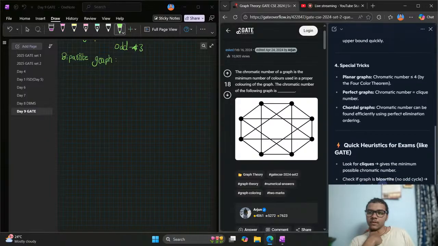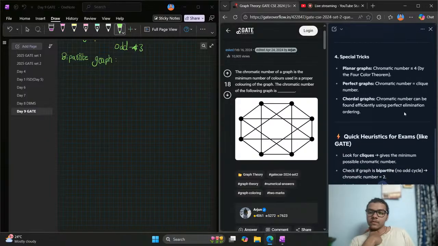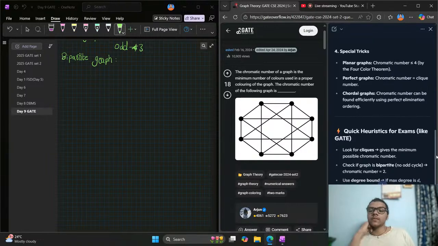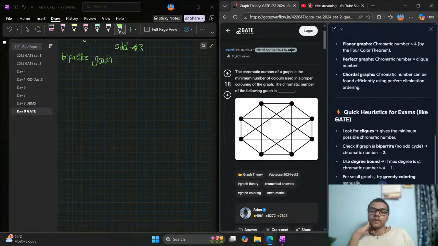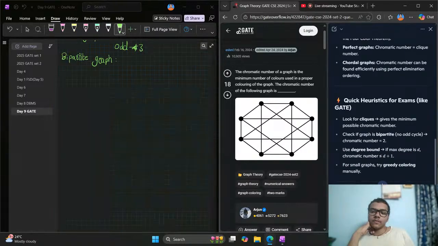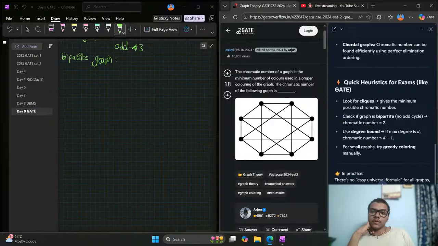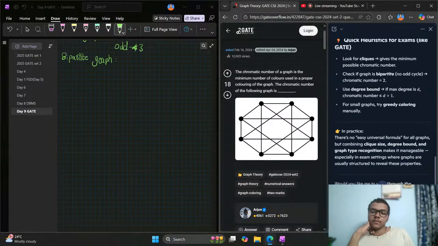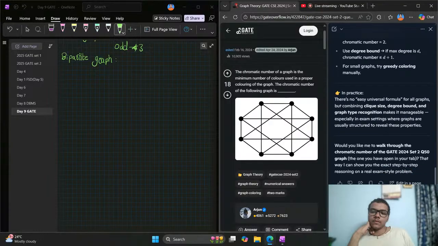Planar graphs: chromatic number is less than or equal to 4 by the four color theorem. Chromatic number is equal to clique number for a perfect graph. Perfect elimination order in chordal graphs. So there is no easy universal formula for all graphs. Okay, clique size.